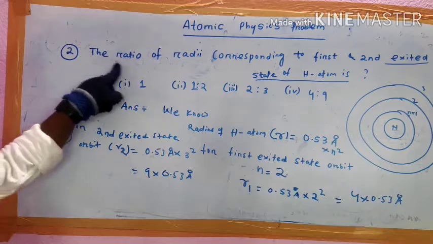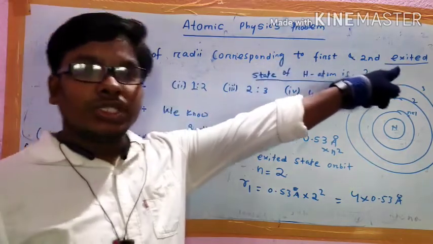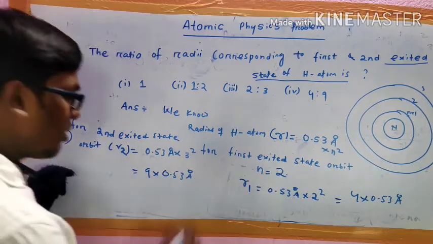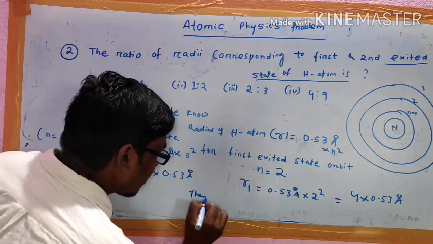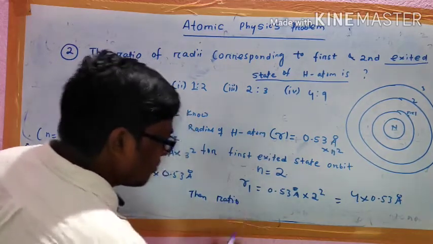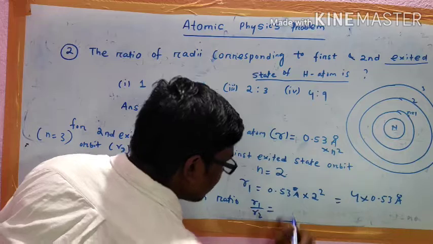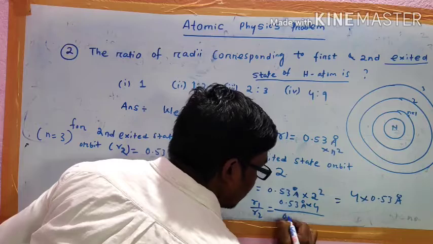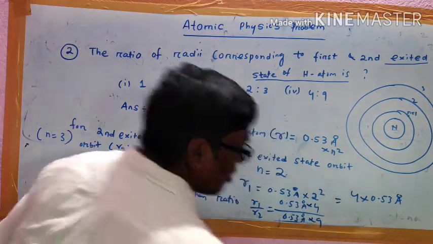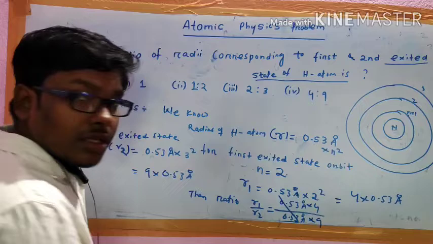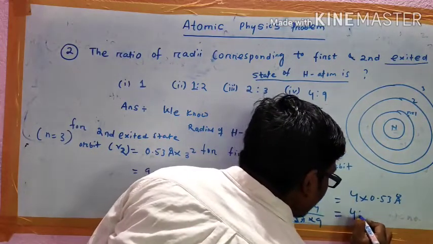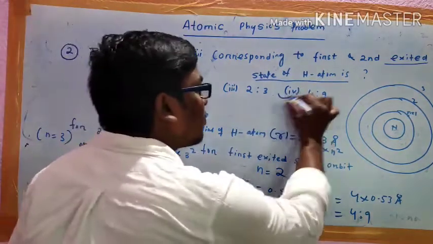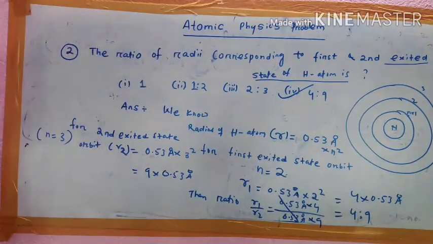The question is asking about the ratio of first to second, which means R1 by R2. The ratio R1 by R2 is equal to 0.53 Armstrong into 4 over 0.53 Armstrong into 9. Then the ratio becomes 4:9. The fourth option, the answer is 4:9. Okay, check it out.